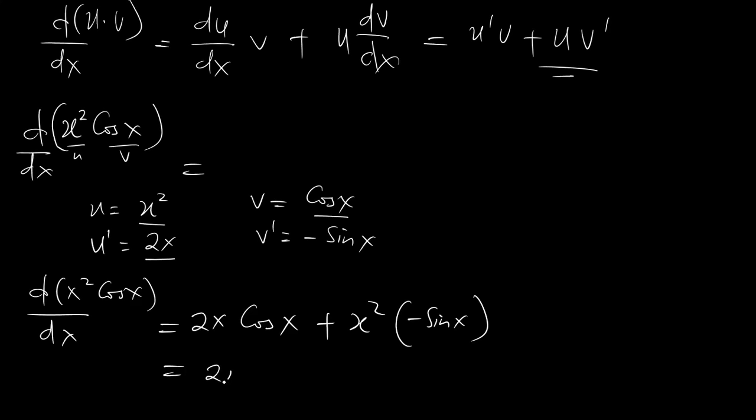So this will give you 2x cos x minus x square sine x.